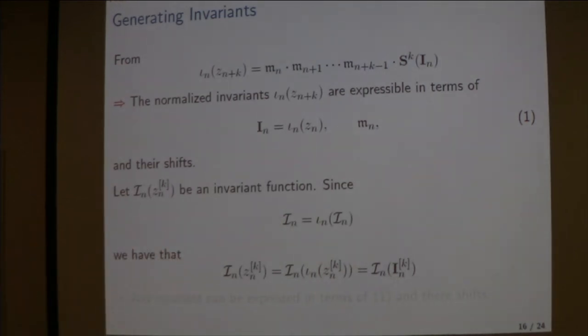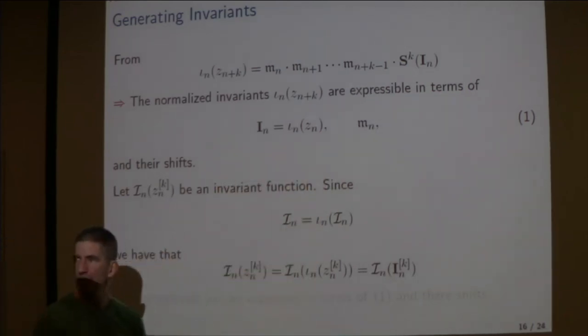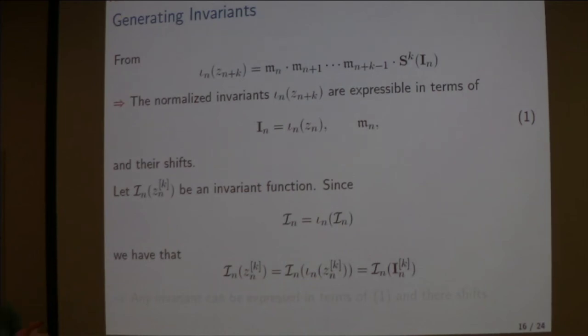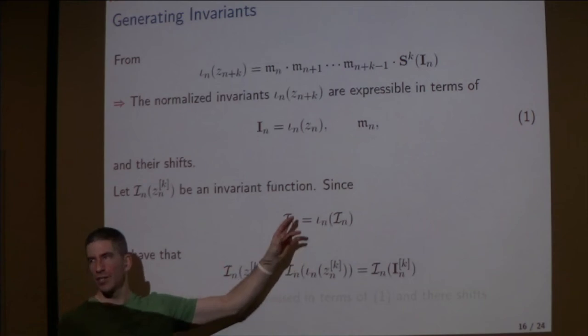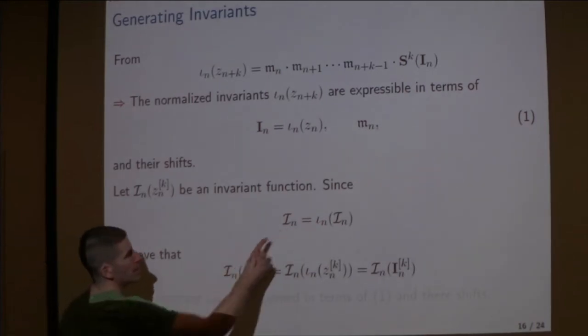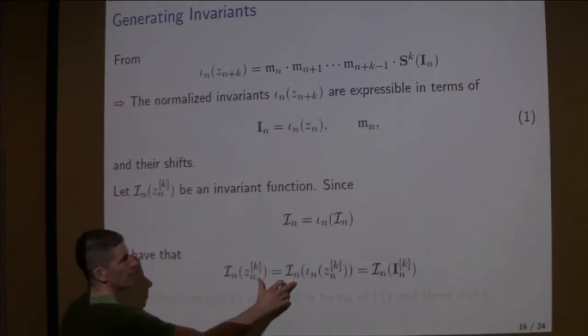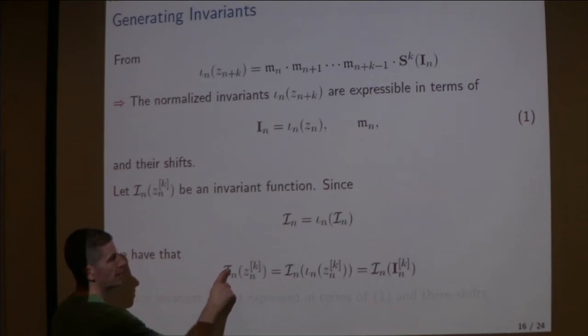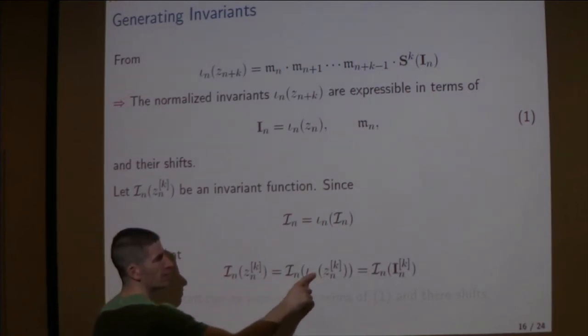Now that we know this, we can express any invariant function in terms of In and Mn. The idea is the following. If you have any invariant function, script In, then because it's invariant, the invariantization of an invariant is just the invariant itself. So we have this equality, which is the same as saying that the invariant In is equal to its invariantization.